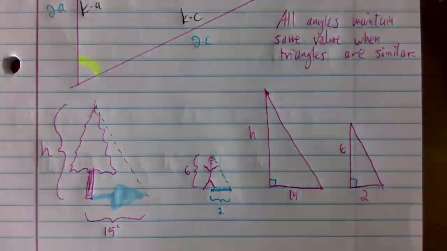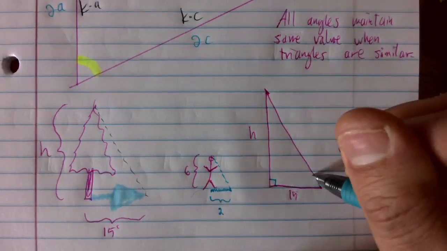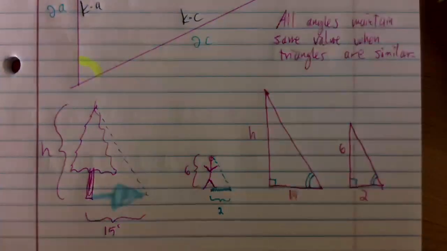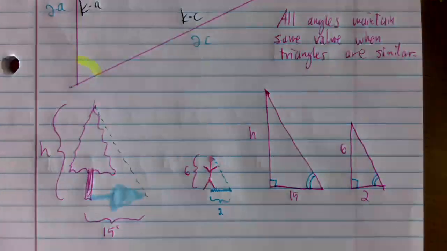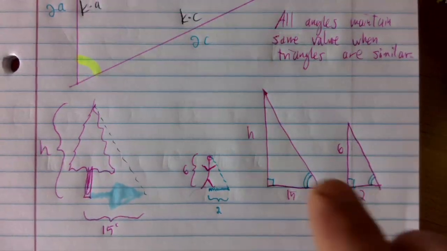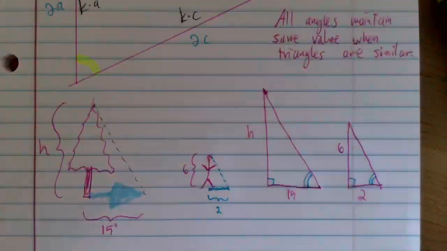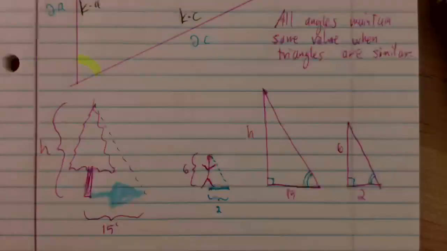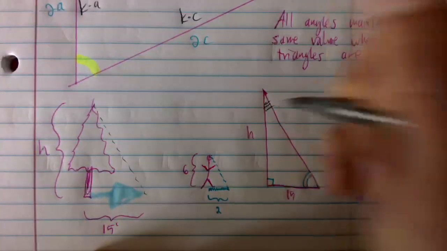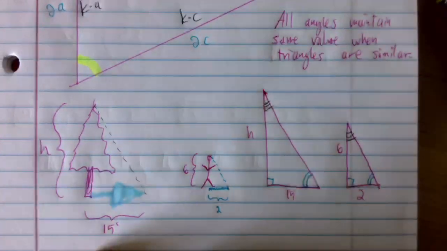All that to say this: that means these angles are going to be exactly the same, okay? Now, logic time. I ain't got much of that. But if these two angles are the same, and both of these have to add up to 180 degrees, guess what? That means this angle up here is the same as this angle.